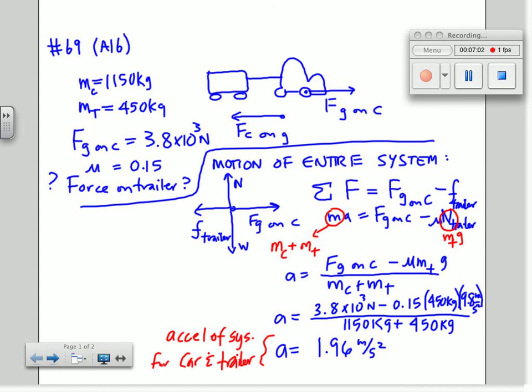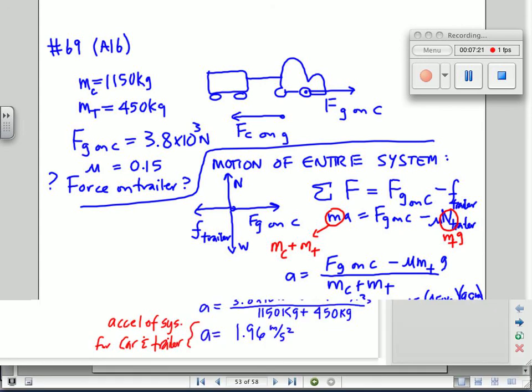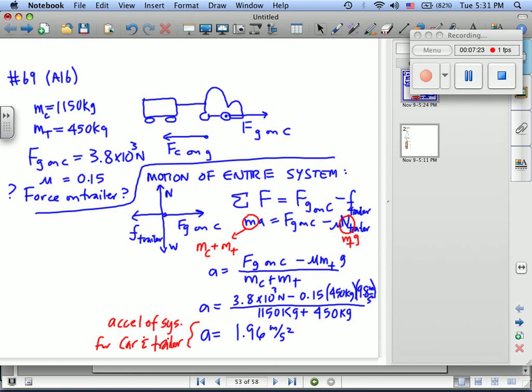Now the question reads, what force does the car exert on the trailer? So I need to go back a step and actually draw a force diagram for the trailer itself. I'm going to add a page here to give us a little more room.